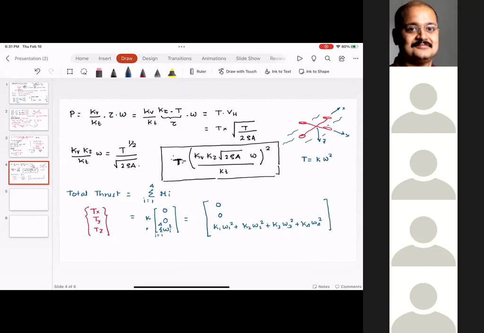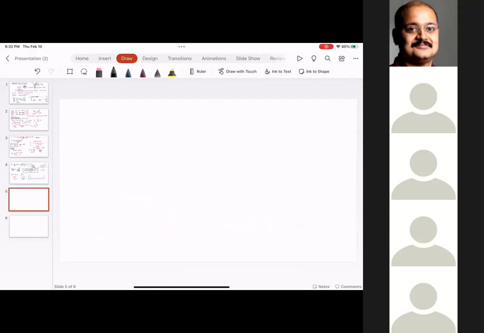Now next part is, as this quadcopter is flying, the air is going to resist its motion. So there will be some drag force from the air. That drag force is approximated as, and this is just an approximation, drag force Fd, which is Kd x dot, Kd y dot, Kd z dot.